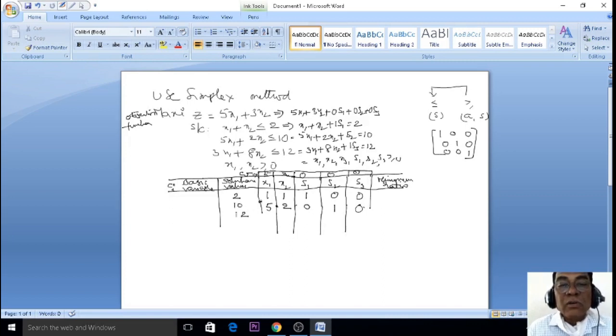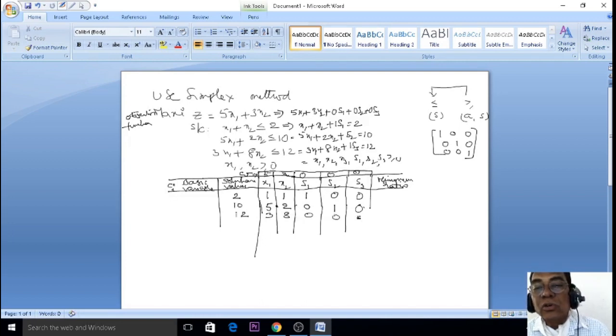Now come to this point. 90% of the simplex problem depends on the unit matrix. See the unit matrix 1, 0, 0, 0, 1, 0, 0, 0, 1. Please enter the third equation also: 3, 8 and 0, 0, 1.